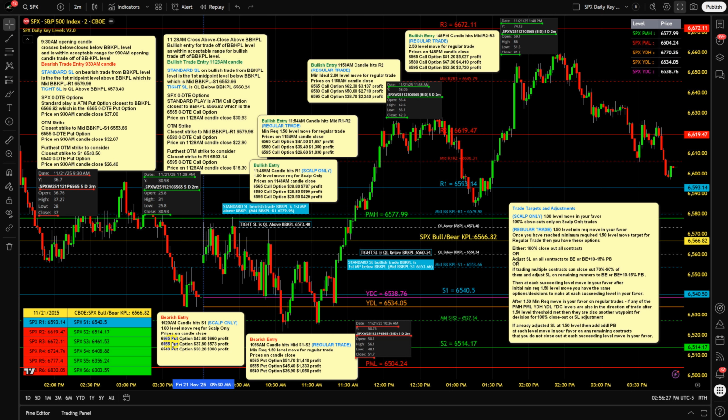Okay, the profit on the at the money 65.65 on the candle close of this candle here, where it hits the S1 level, the 65.65 put option is 43.60, so that's $660 profit per option. The 65.55 was 37.80, that's $573 profit per option.